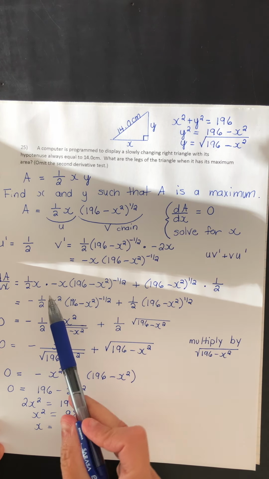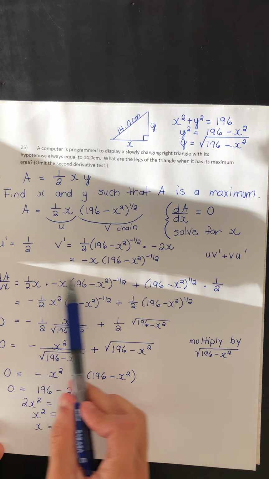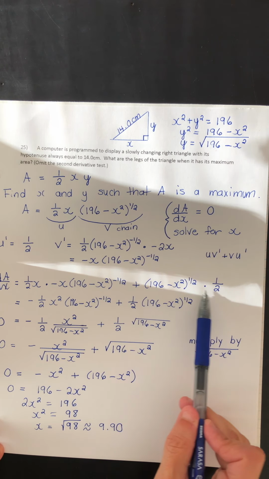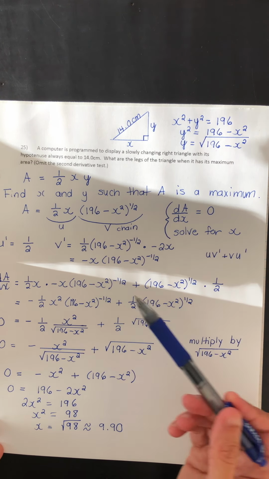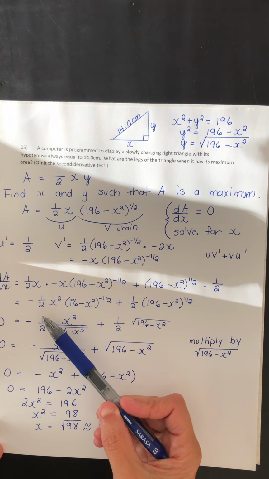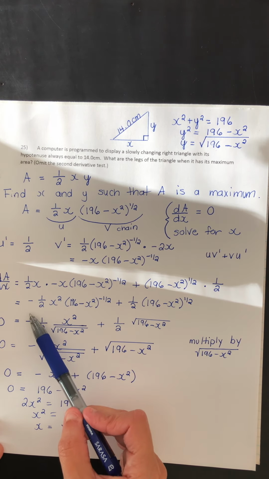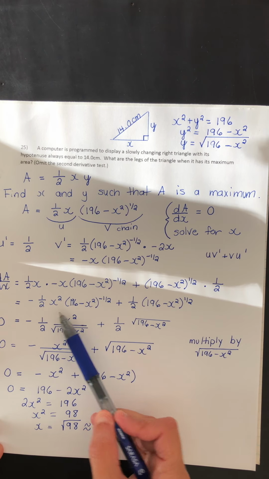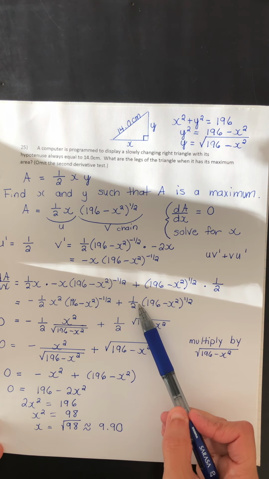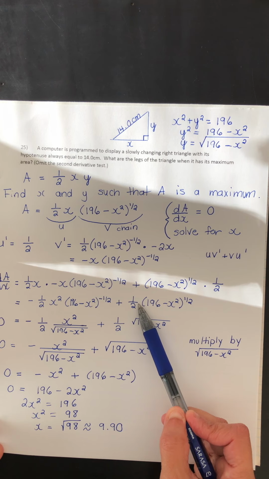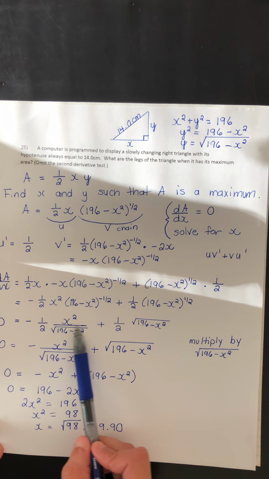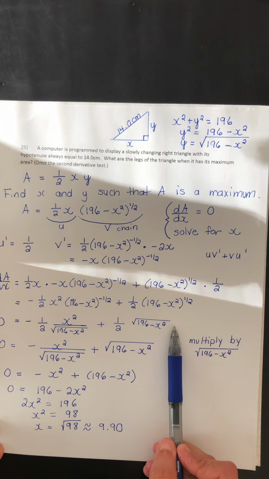Okay, so we used the product rule right here. And then at that point, I simplified here, -1/2 x squared in front. Here I put the 1/2 in front. I went to the form using the radical sign here.